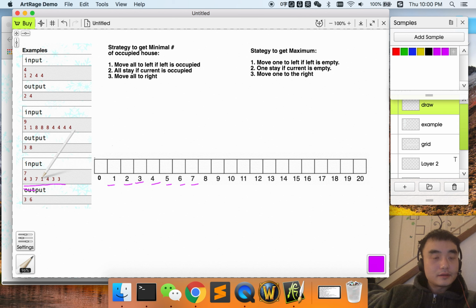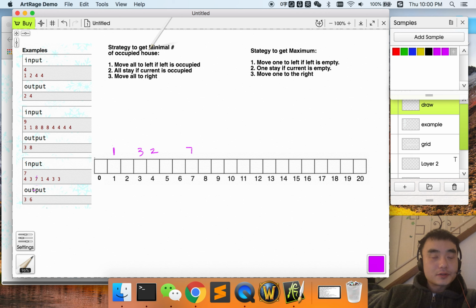And there is one person in the first house, and 3 persons at the third house, and 2 people at the fourth house, and 1 person at the seventh house, right? So let's use this exact same strategies to solve this case, right?